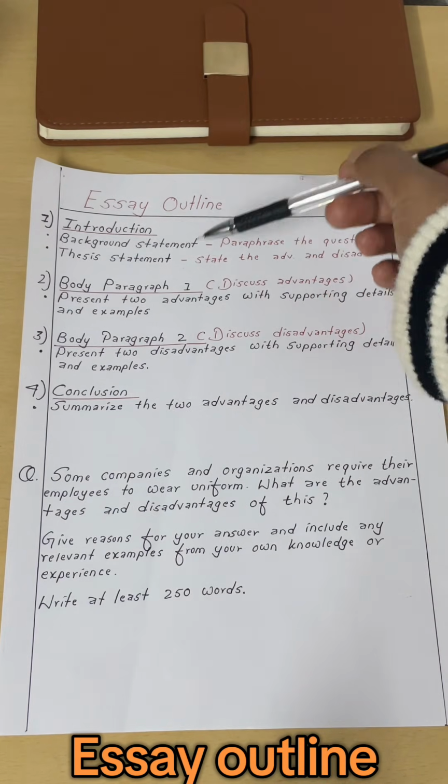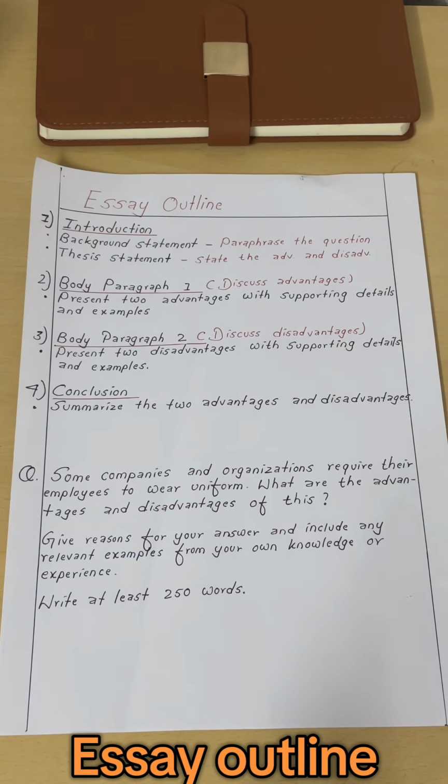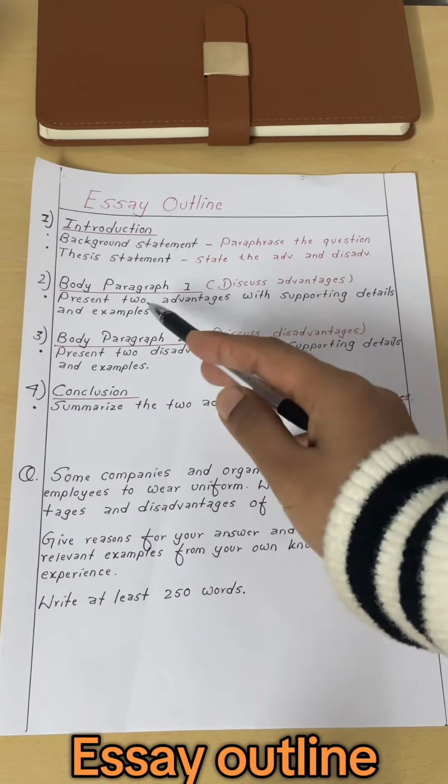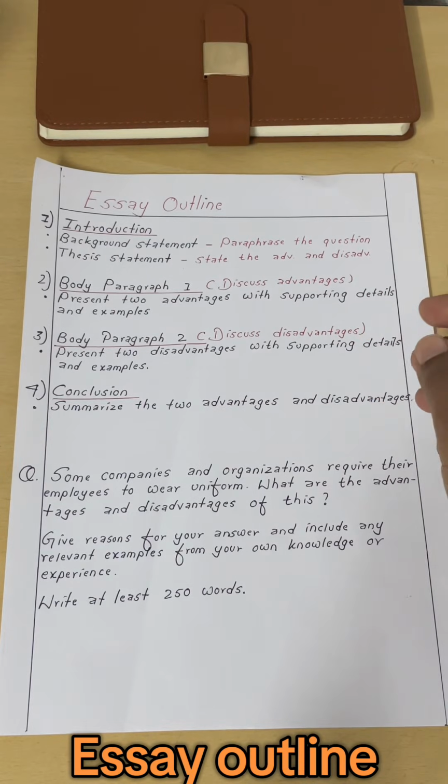Then in body paragraph 1, you discuss the advantages. You have to present two advantages with supporting details and examples. There is no hard and fast rule that you should write two advantages or one advantage, but make sure if you write one advantage, you fully develop that main theme followed by explanations and examples.